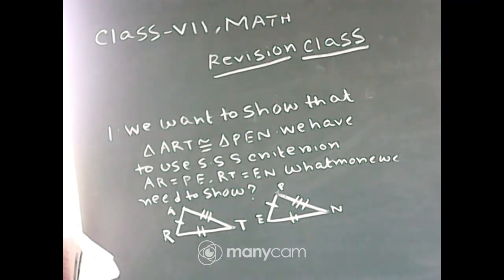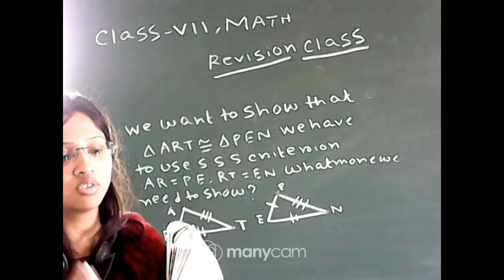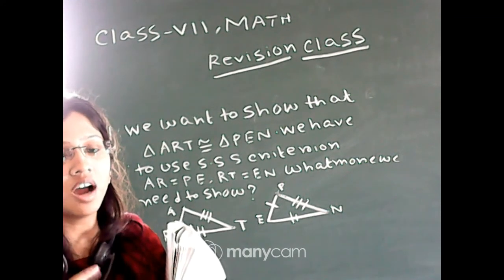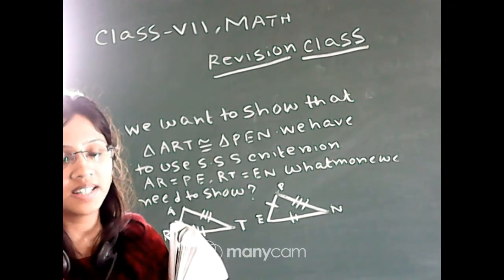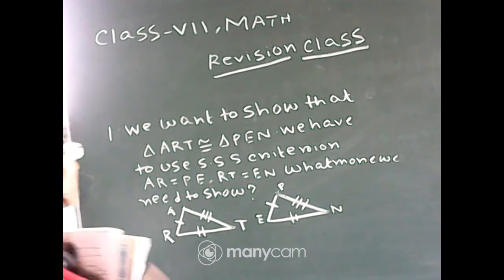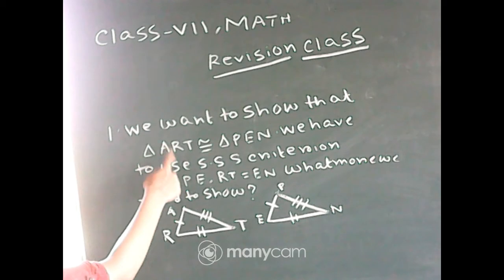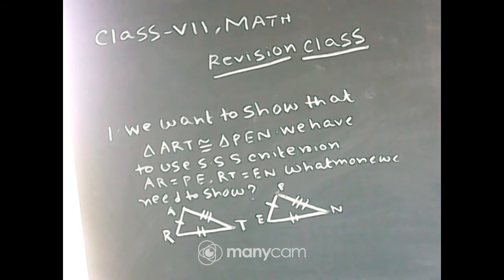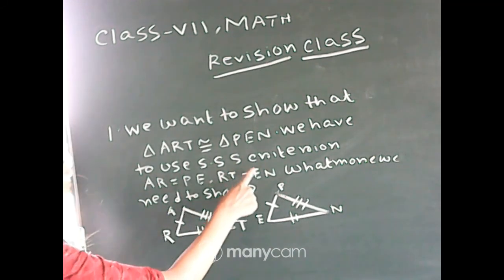Because SSS criterion is, if under a given correspondence the three sides of one triangle are equal to the three sides of another triangle, then we can say that the triangles are congruent. Here we want to show that triangle ART is congruent to triangle PEN using SSS criterion, with side AR equal to side PE and side RT equal to side EN.